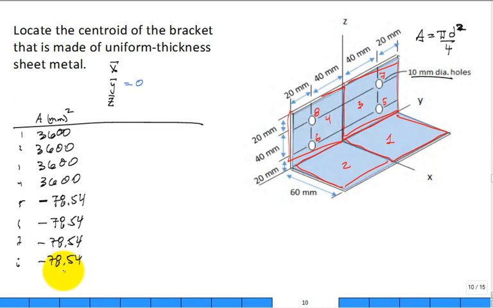Okay. Now, if we're interested in calculating an x bar, I'm going to get x for each of those entities. So what is the x bar location in millimeter for 1? Can you see what that is? The centroid of 1, that's easy to determine. Oh, it's right there. What is the x bar for 1? 30. All right. How about the x bar for 2? 30.